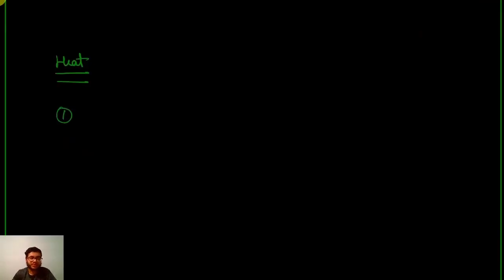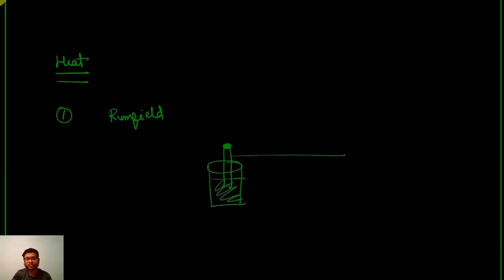The first experiment was done by, so what he did, and this is an approximate explanation of the experiment, was he took an iron rod and put it in a water container, and he put two horses, horse one and horse two, on both sides, and the horses were running and the rod was rotating.